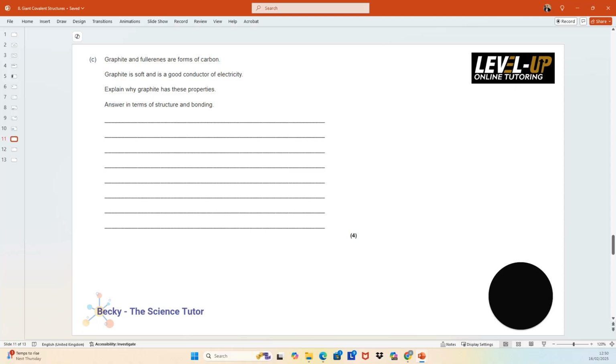So the idea is that here we need to identify that graphite has got the 3 carbon bonds. So we'll say that each carbon has 3 bonds. We want to talk about the fact that in the bonding it forms layers, and those layers can slide over one another.